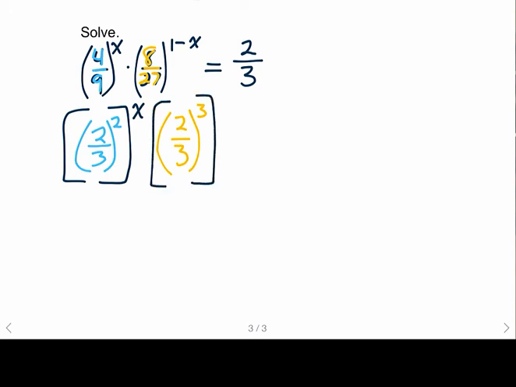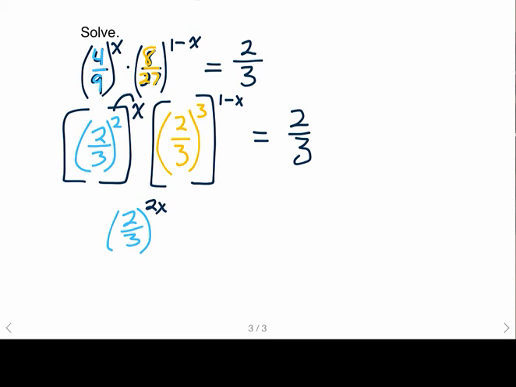So 8/27 to the 1 minus x is going to be 2/3 cubed to the 1 minus x. On the right-hand side, we simply have 2/3, and now I can see it was a good choice to go with 2/3. Back to the left-hand side. When we have 2/3 squared to the x, we're going to multiply those exponents. We're going to end up with 2/3 to the 2x.